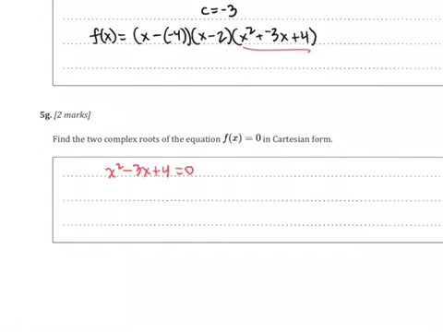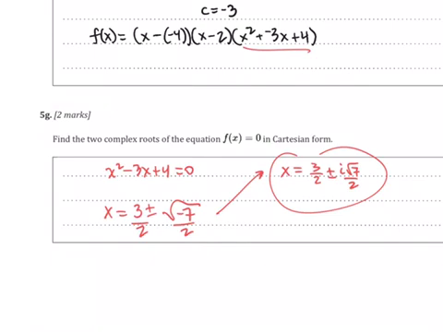I don't think we can factor that, so we use the quadratic formula. x equals negative b plus or minus the square root of b squared minus 4ac, which I think comes out to be negative 7, all over 2a. So let's put that in a nice clean form. That would be 3/2 plus or minus i root 7 over 2. All right, there you have your two complex roots.